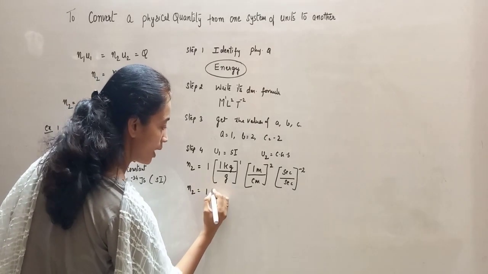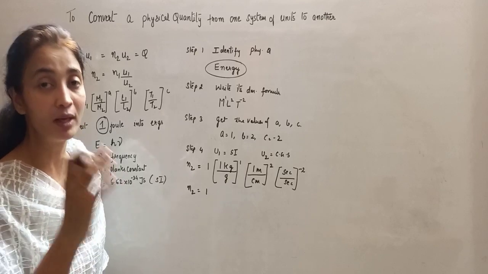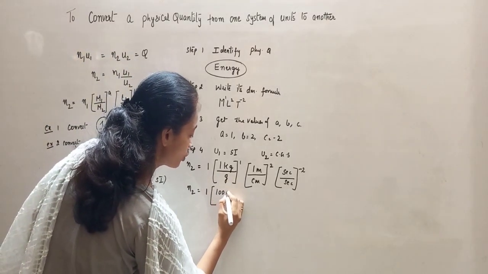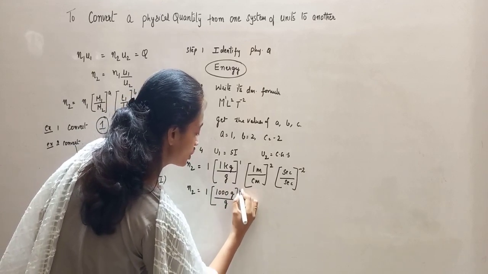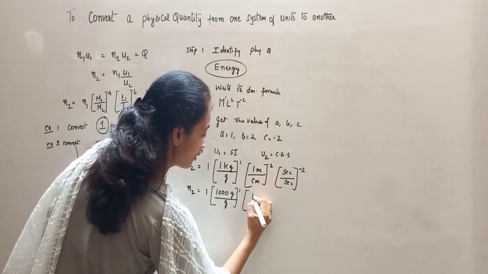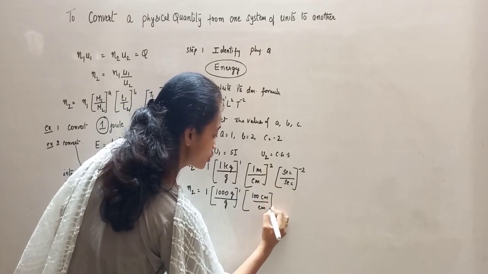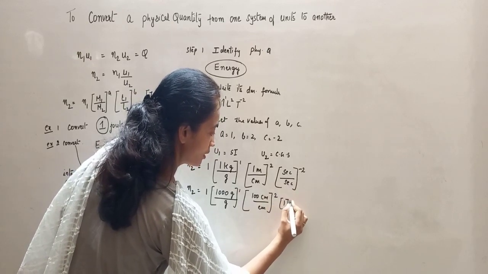N2 is equal to 1. Now 1 kg can be converted into 1000 grams. I can write 1 kg as 1000 grams so that I can get the numerical value: 1000 grams divided by grams raised to the power 1. 1 meter I'll write as 100 centimeters divided by centimeters raised to the power 2. Seconds per second is 1 to the power -2.